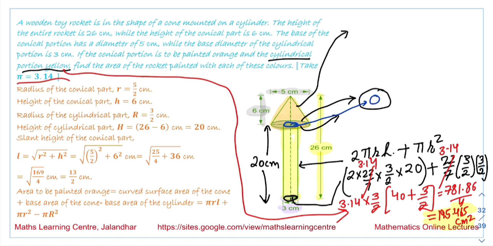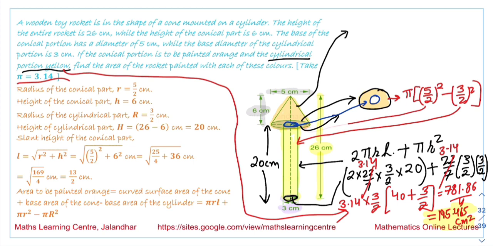So the area of this ring, which is to be painted orange, will be pi into the outer radius 5 by 2 square, minus the inner radius 3 by 2 square. This is 3 by 2 corresponding to the cylinder and 5 by 2 corresponding to this cone. So this is the area of this portion.